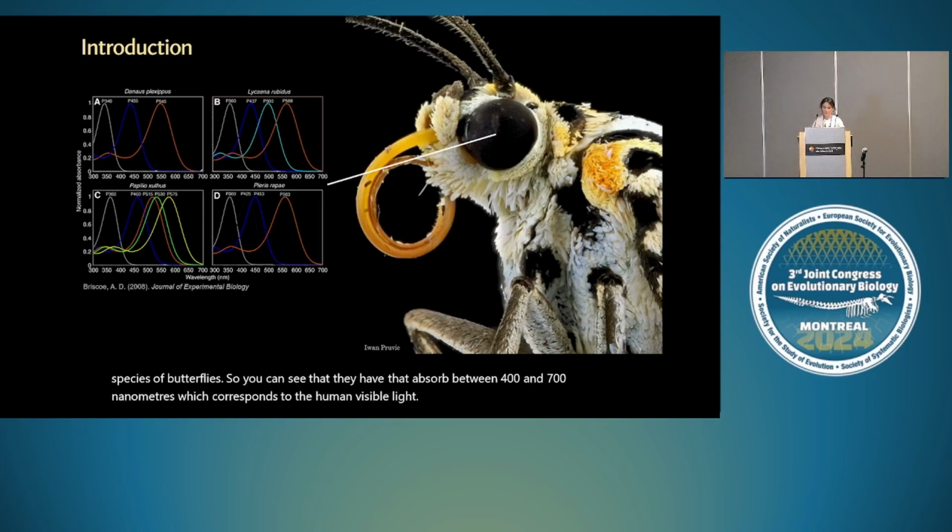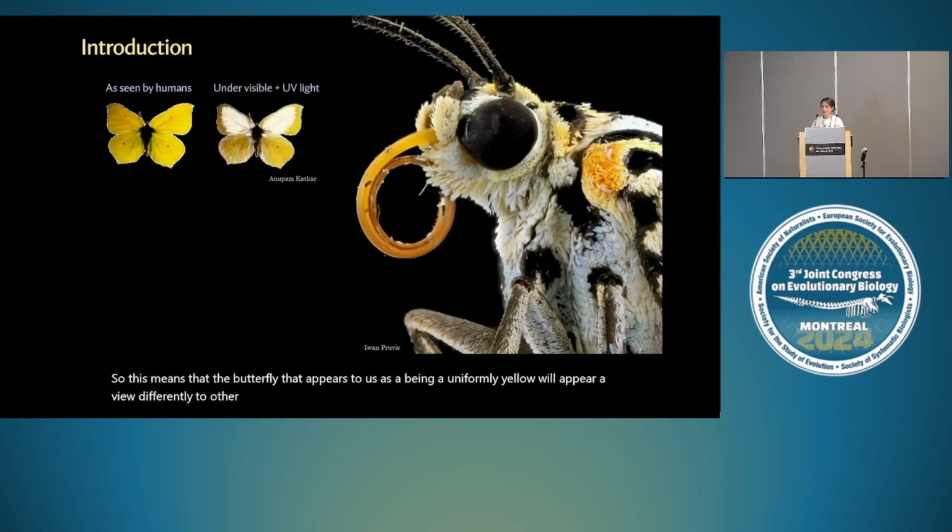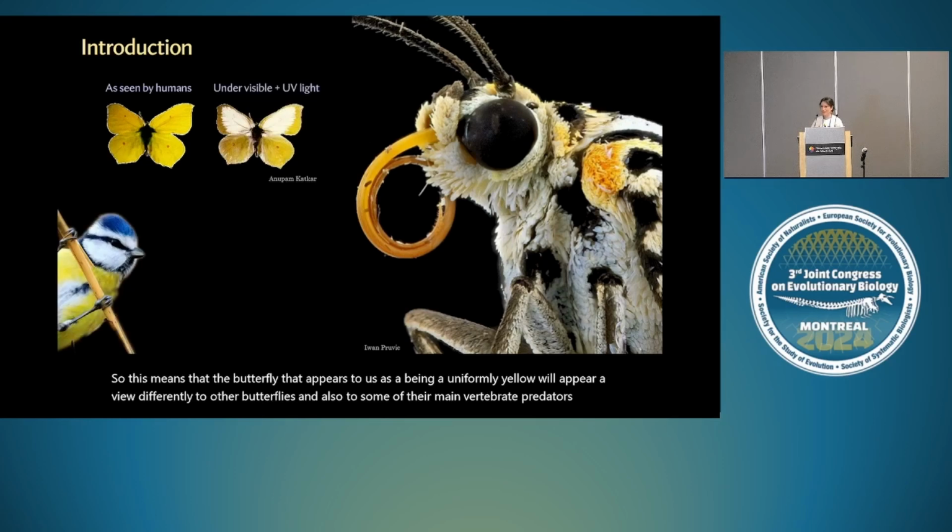But they also have opsins that absorb below the 400 nanometer mark, which corresponds to the ultraviolet or UV range. This means that a butterfly that appears to us as uniformly yellow will appear very different to other butterflies, and also to some of their main vertebrate predators, which are birds, where some species can also perceive UV.